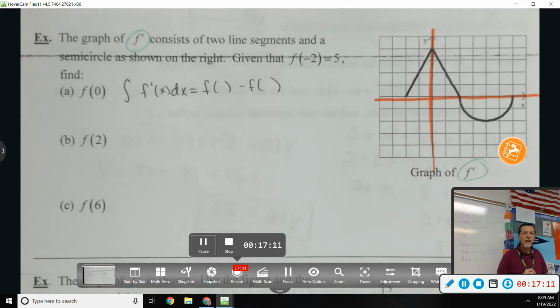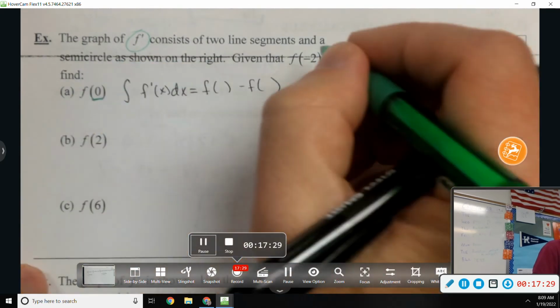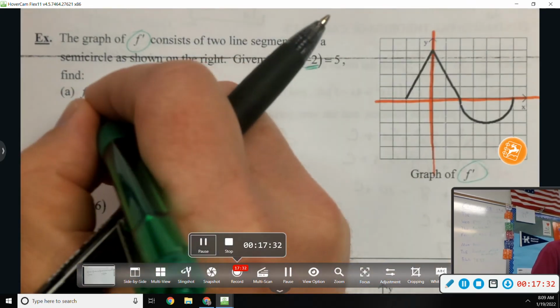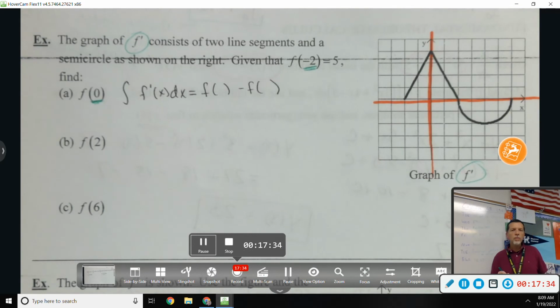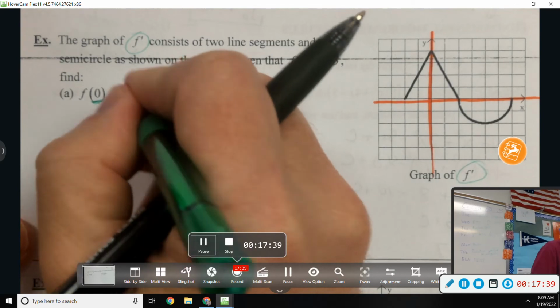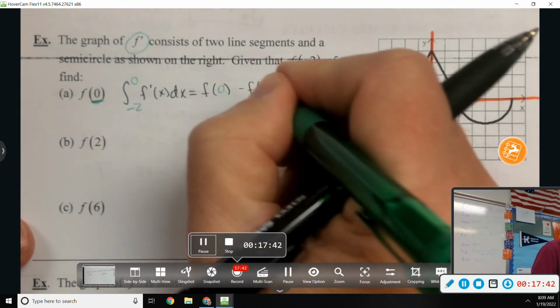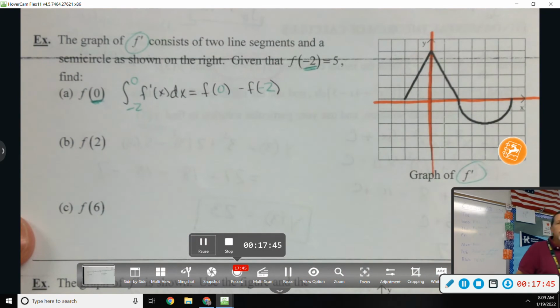Now, what x values should we use? 0 and -2. We want to know about 0, and they gave us something about -2. So let's use 0 and -2. Again, probably best to go from the smaller one to the bigger one, so from -2 to 0. That ends up being f of 0 minus f of -2.